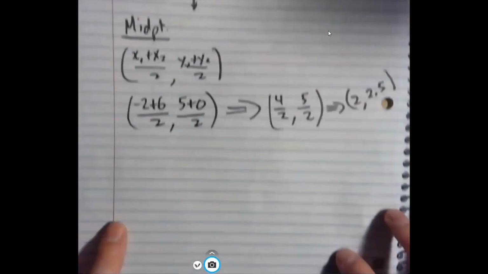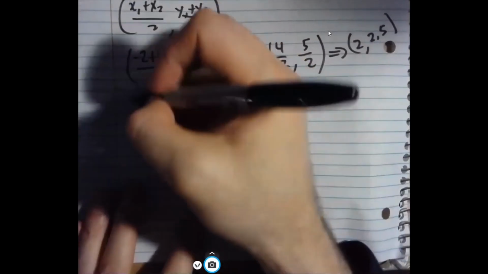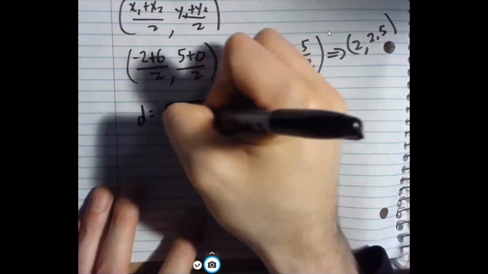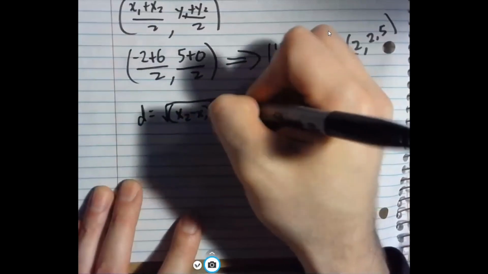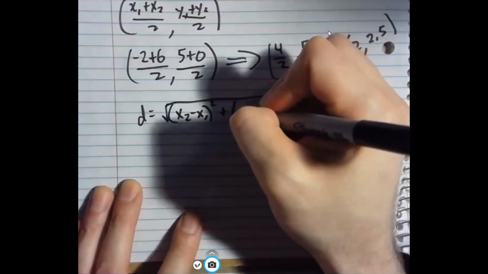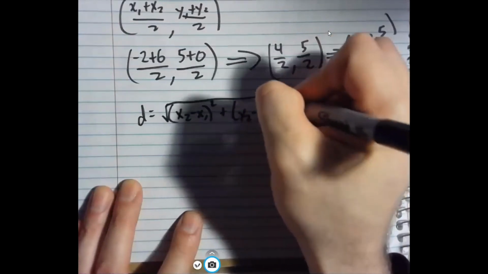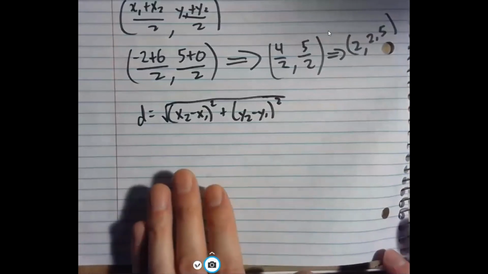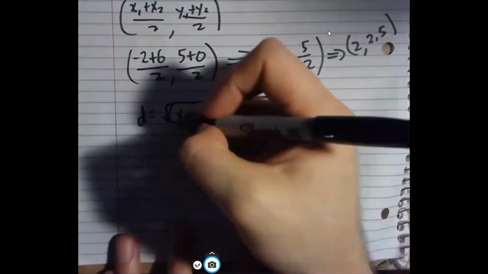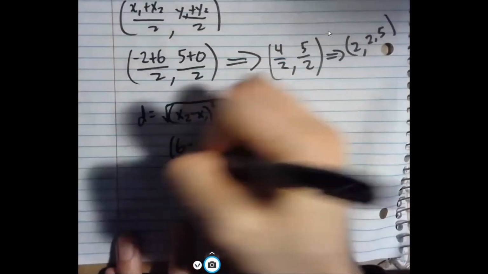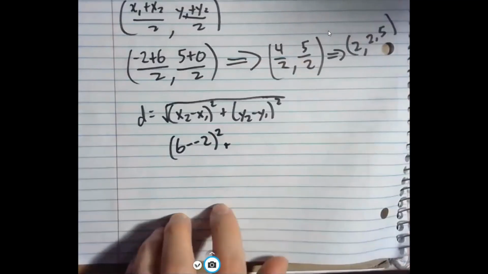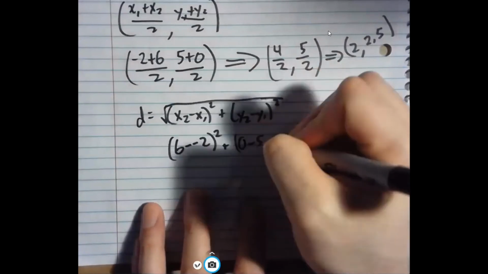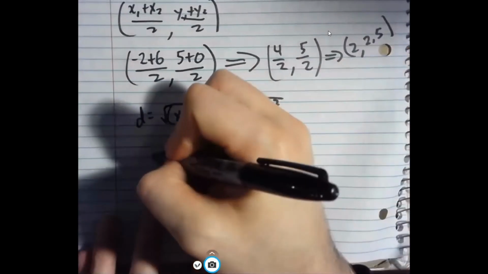Last part, the distance. So our distance formula, the square root of x sub 2 minus x sub 1, that quantity squared, plus y sub 2 minus y sub 1 squared, and plug in your values. Subtracting your x's, you'll have 6 minus negative 2 squared. Subtracting your y's, we have 0 minus 5 squared.